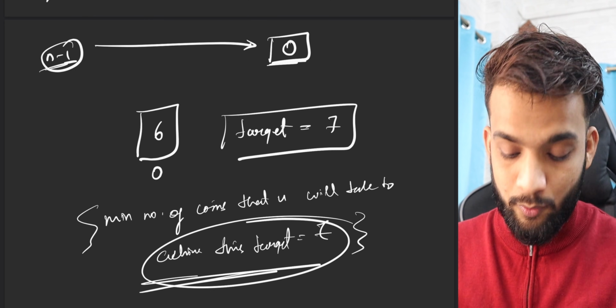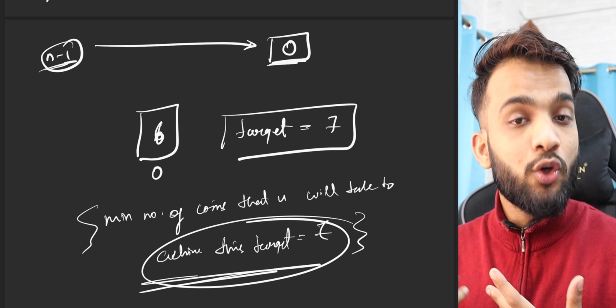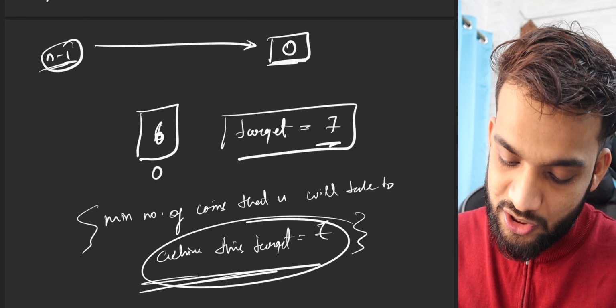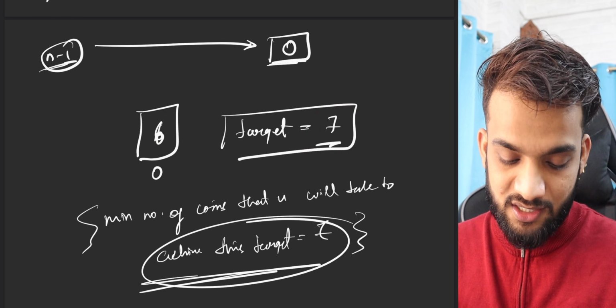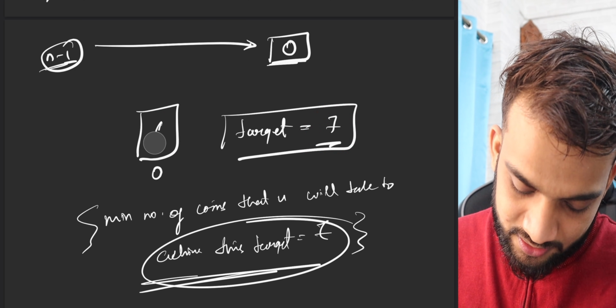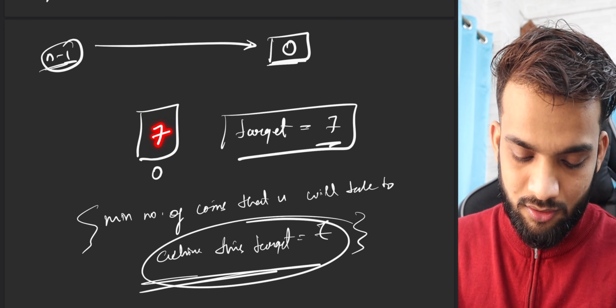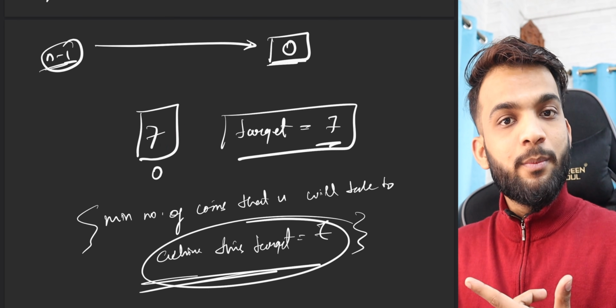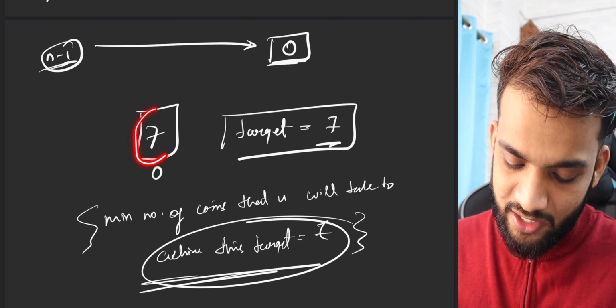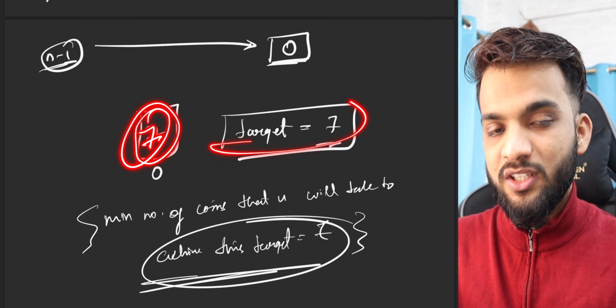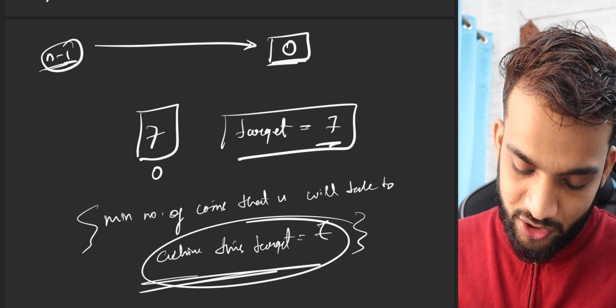And your answer to that will be, Striver, the answer will be 0, because I cannot achieve the target 7 using a coin denomination of 6. But what if I tell you that this is 7? Now your answer will be, Striver, we can achieve it, because it will take us one denomination of 7 to achieve this target 7. Now let me quickly change something.